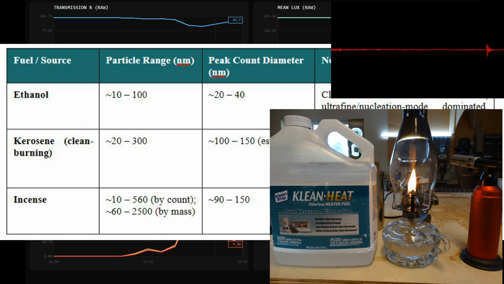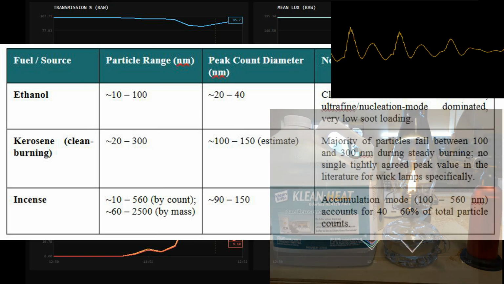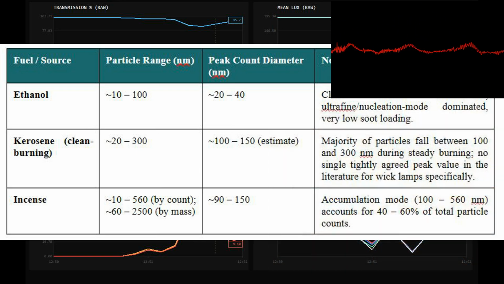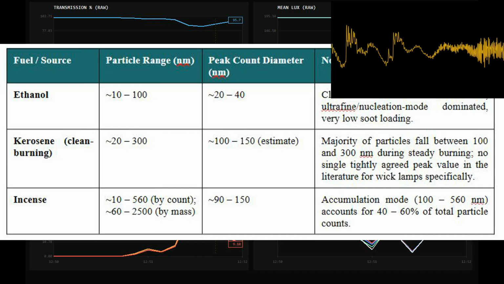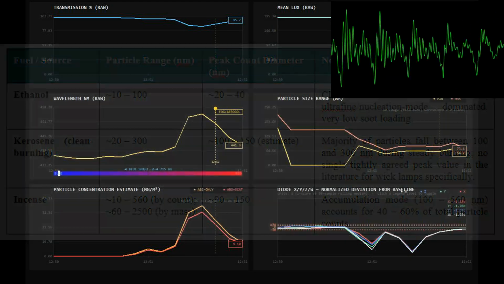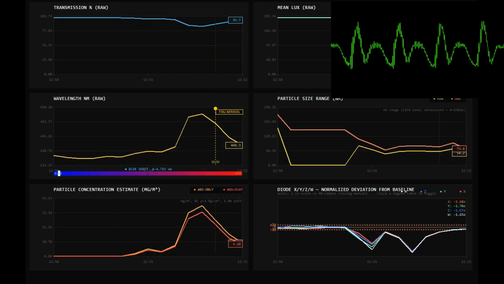Our next batch of information is kerosene, a clean burning fuel, and the particle range is 20 to 300 nanometers with a peak diameter count between 100 and 150 nanometers estimated. This is a very clean burning fuel, but we can see this.